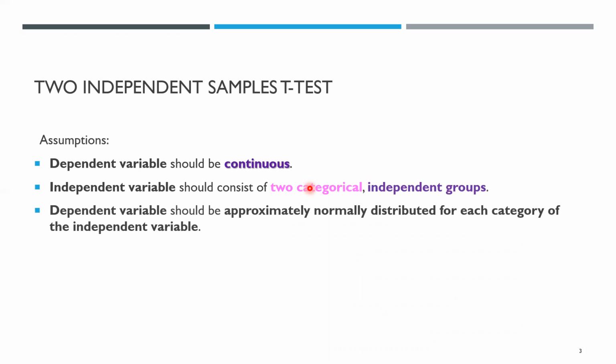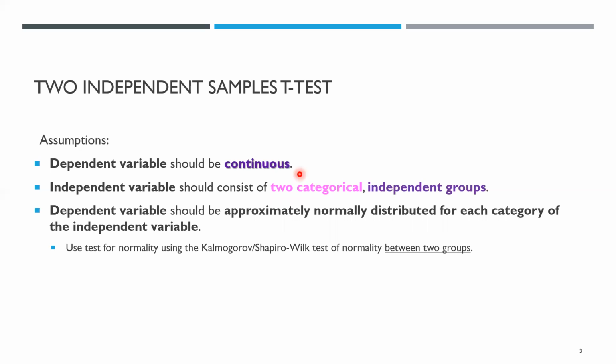One more assumption is that the dependent variable, which is our continuous variable, should follow a normal distribution for each category. Like if we are comparing the blood pressure among male and female, the blood pressure in the male category and the blood pressure in the female category should follow the normal distribution.